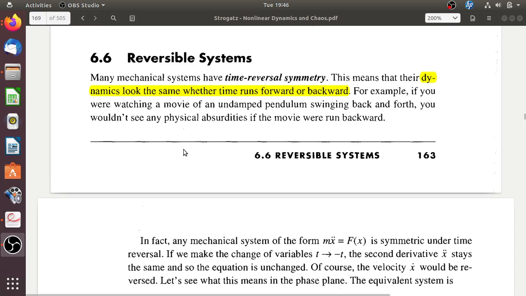In a dynamical system, the states will vary as a function of time, right? Even if we change our flow of time backward, the system dynamics will not change. The governing differential equation will not change. Such a system is known as a time reversible system. If such a time reversal symmetry exists, then it's called a reversible system.